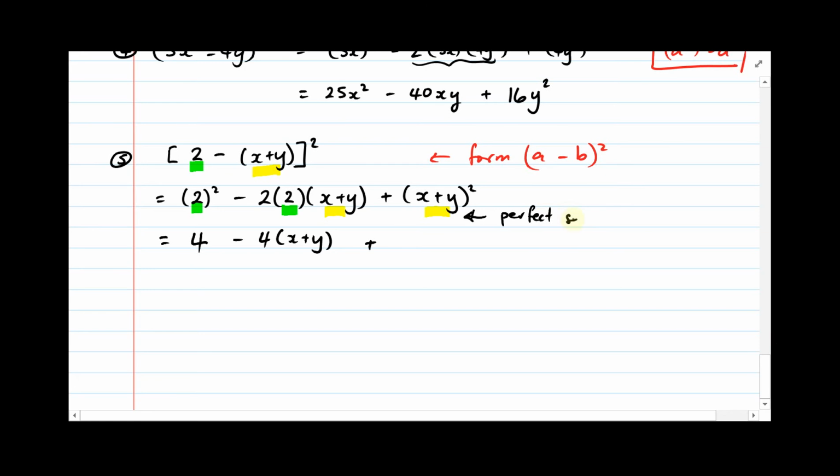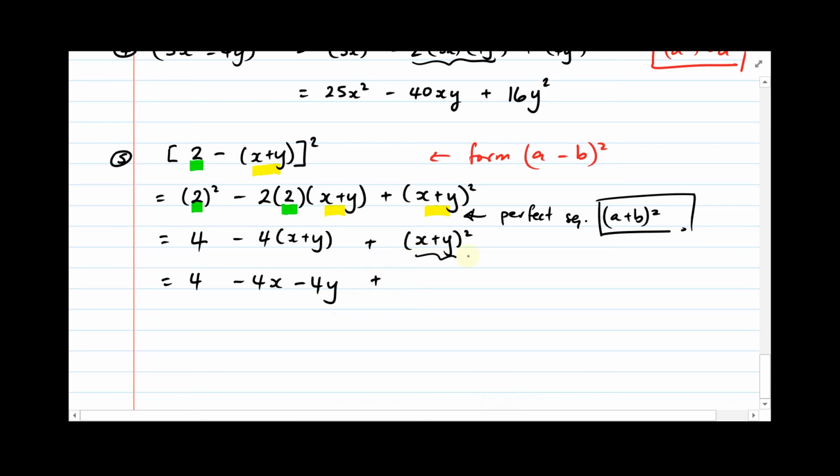So I can expand again, right? So I would have, let's just bring that back down, and I would have this form, right? And we know what that is. Alright, so what do I get? This is 4, distribute the minus 4, so minus 4x minus 4y.